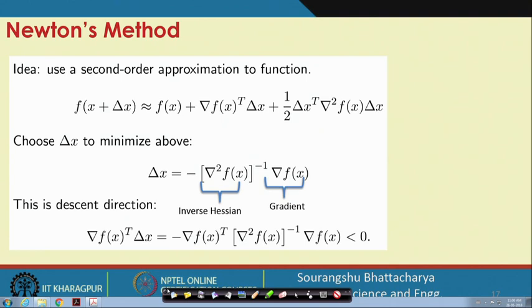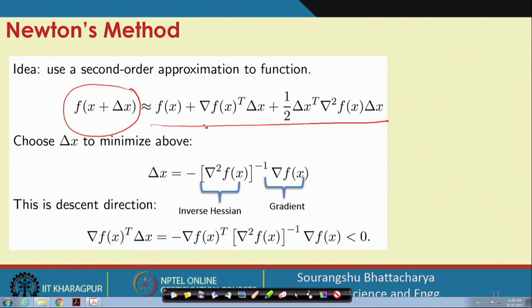So, the optimization steps proceed as follows. This is an approximation of the function when you move from x to x plus delta x, and we wish to minimize this quantity.